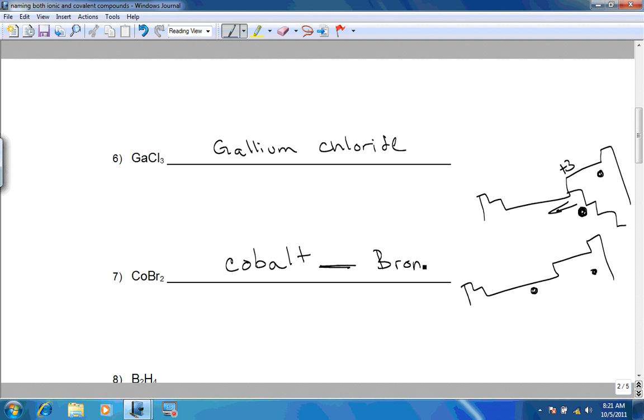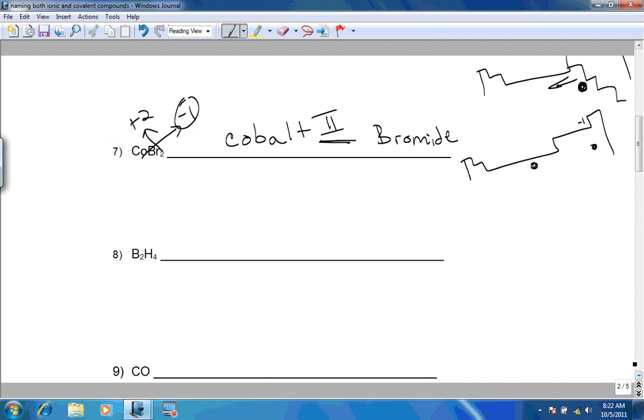And then I have bromide. To get that Roman numeral, I need to uncross it. I look on the periodic table and I realize that bromine is supposed to be a -1, so that's correct. So that means cobalt must be a +2. I don't have to change anything.